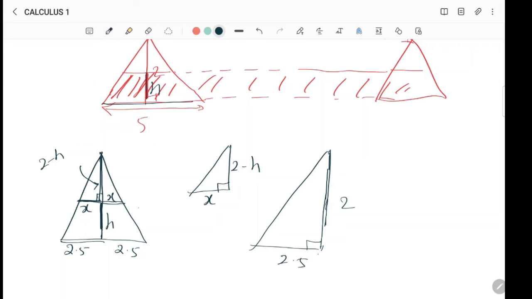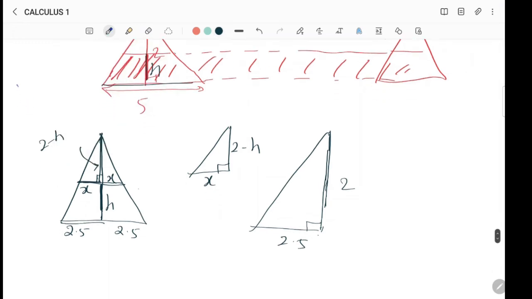Now we have to apply the concept of similar triangles. So I can say this length x over 2.5 equals 2 minus h over 2, right? X over 2.5 equals 2 minus h over 2, and now we can cross multiply.